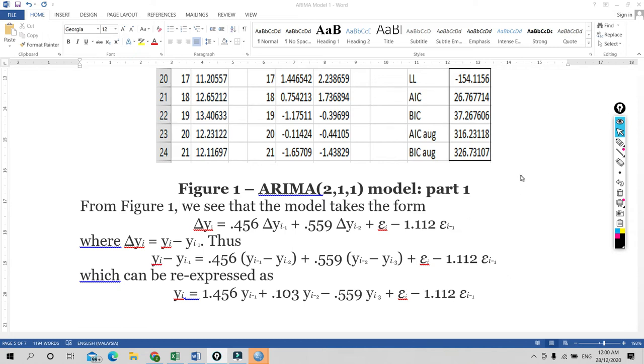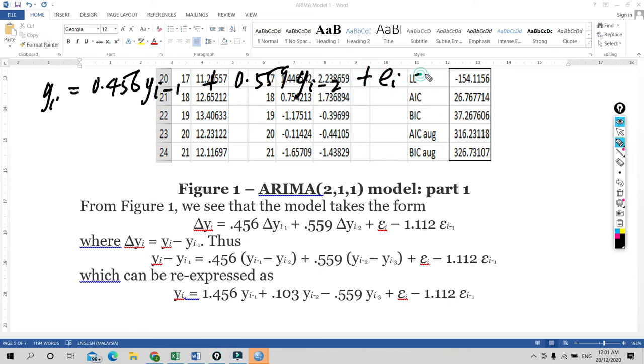Our original model just now is y sub i, equal to phi 1, 0.456 y i minus 1, plus phi 2, 0.559 y i minus 2, plus epsilon i minus theta 1, 1.112 epsilon i minus 1.